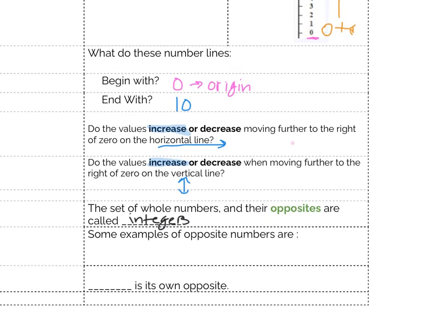Some examples of opposite numbers are 3 and -3. You could do -4 and 4. You could say 6 and -6.